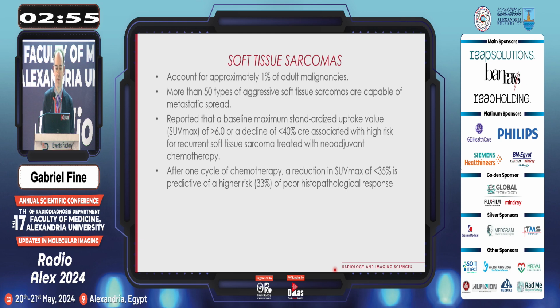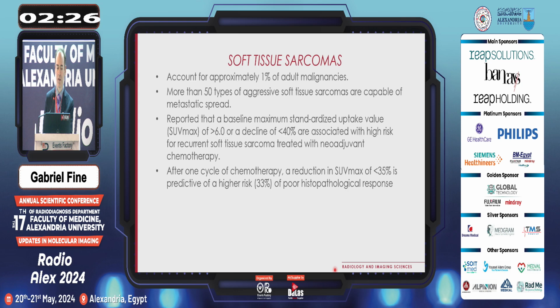So soft tissue sarcomas account for approximately 1% of adult malignancies. There are more than 50 types of aggressive soft tissue sarcomas capable of metastatic spread, and to do 50 today, you guys would be here for quite a long time. It's been reported that a baseline maximum SUV value of greater than 6 or a decline of less than 40% are associated with high risk for recurrent soft tissue sarcoma related to neoadjuvant chemotherapy.